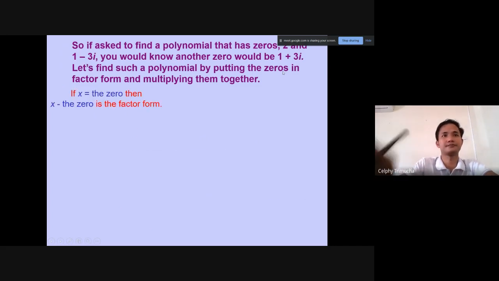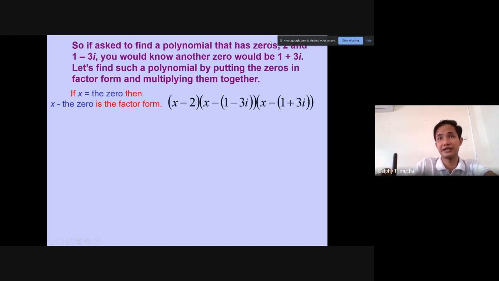If x is equal to the zero, then x minus the zero is a factored form. So given ta 2 as root, x minus 2, so we have x minus 1 minus 3i, then x minus 1 plus 3i.